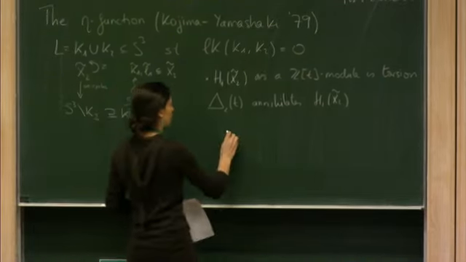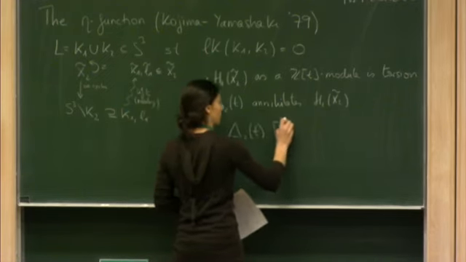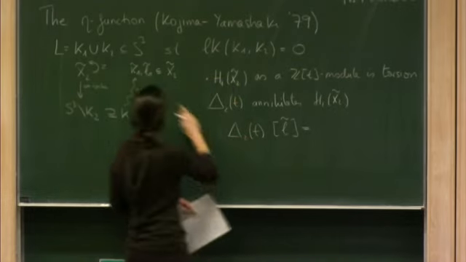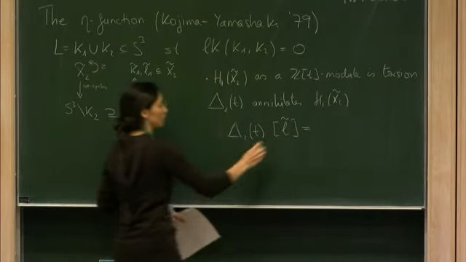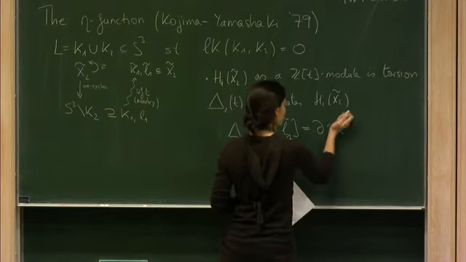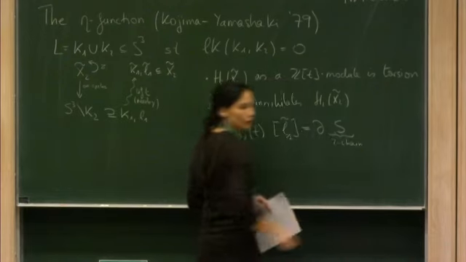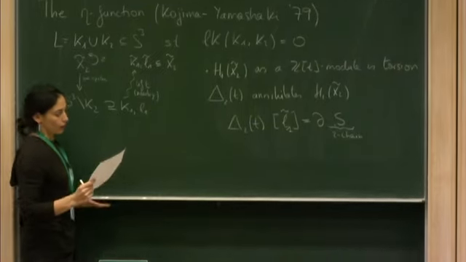And this means that if I consider delta 2 of t times this multiple of the L1, seen as a homology class, then this has to be the boundary of some S, which is a two-chain, because that's zero in homology.